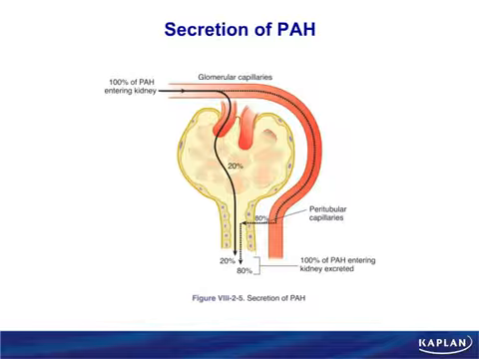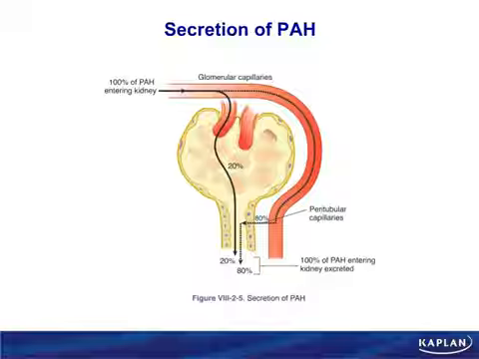Your clearance is the renal plasma flow. Therefore, in experiments, we use the clearance of PAH to calculate what we call the effective renal plasma flow. You will be questioned on this in the exam.